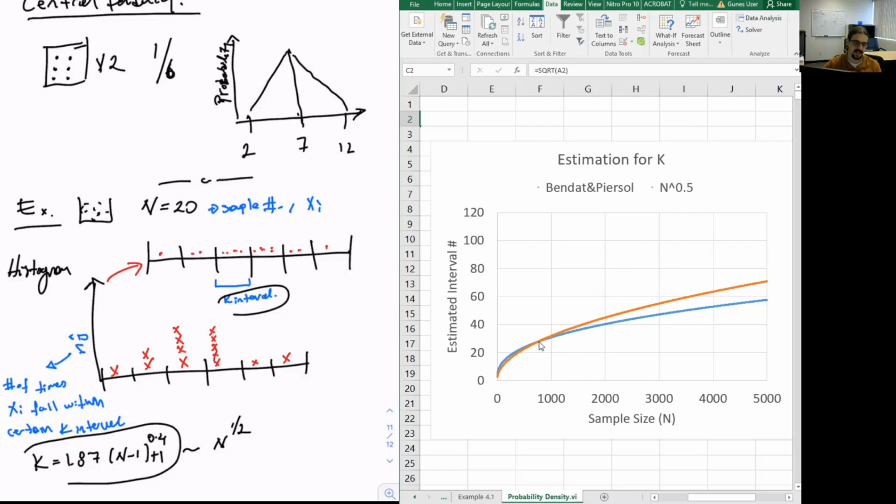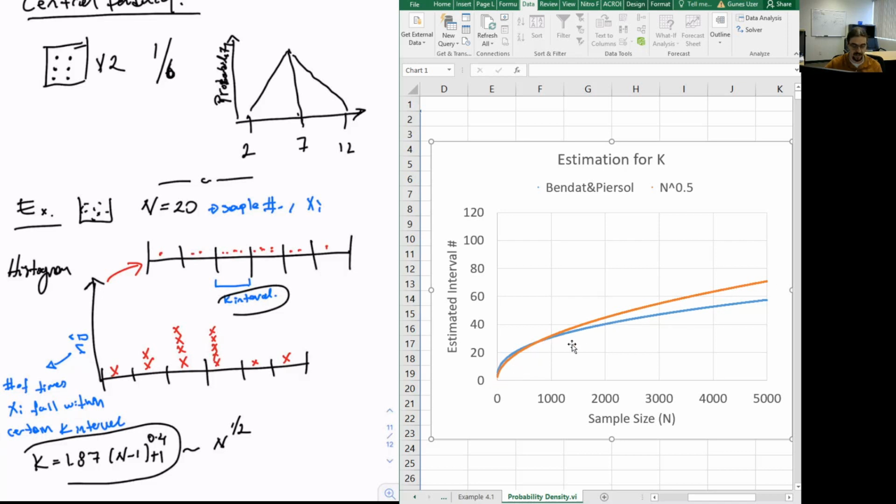You can see that for about 500 samples, these two track together very well. However, the square root of n estimation underestimates a little bit. You can see that it's a little bit lower than Bin-Pearson. But then it starts overestimating it.